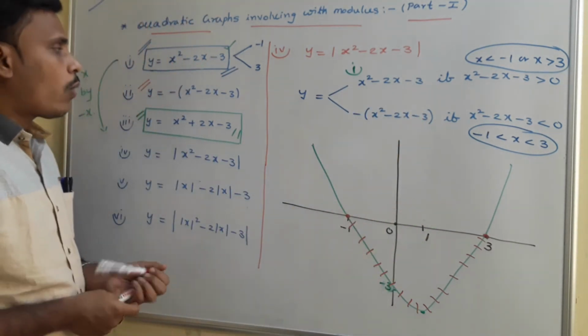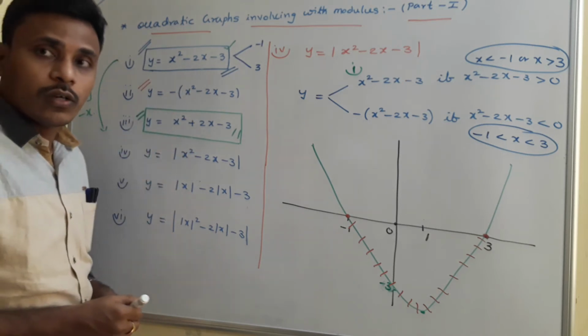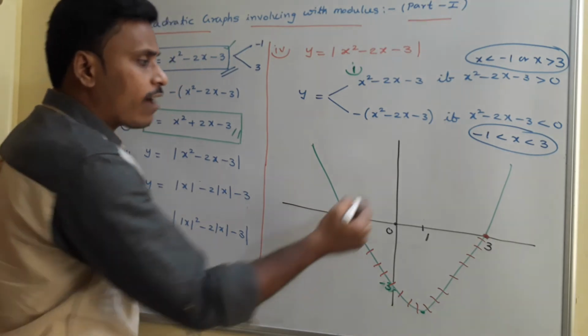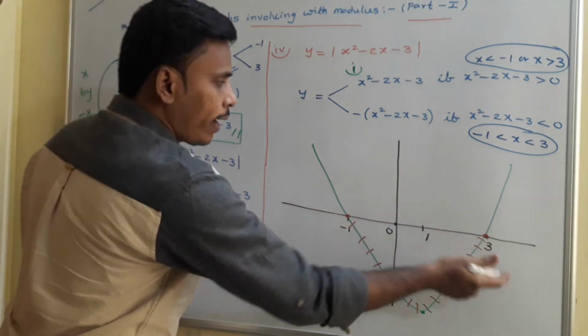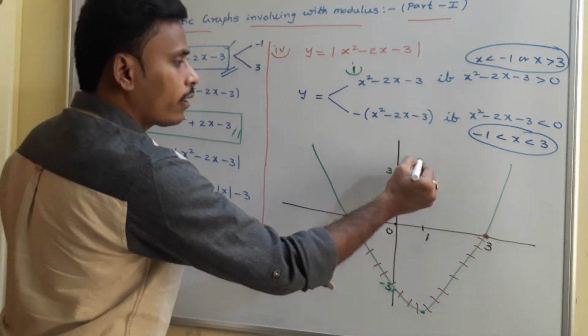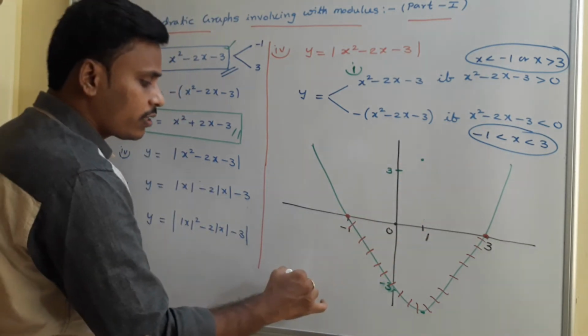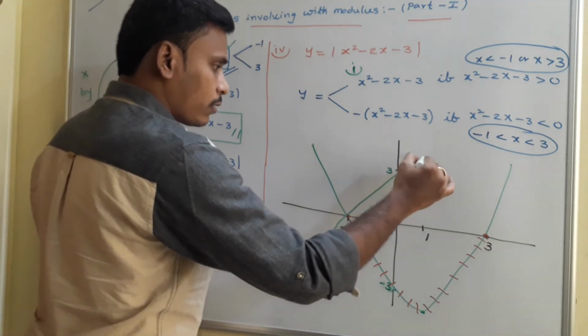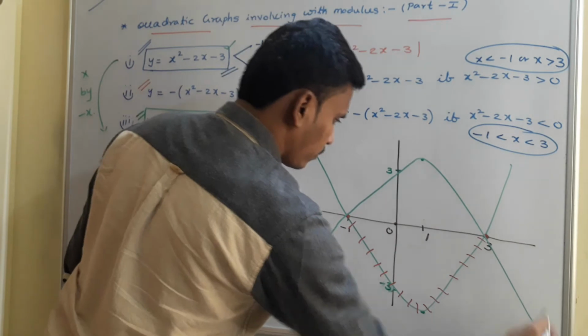Okay. Now what to say about the second graph? y is equal to minus x square minus 2x minus 3. As we know, the graph again passes through these 2 points, as well as now this is 3, and at 1 we have a peak. Okay, this is the graph of the second expression. Right, just have a look.